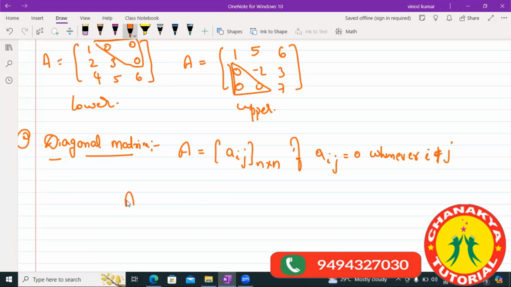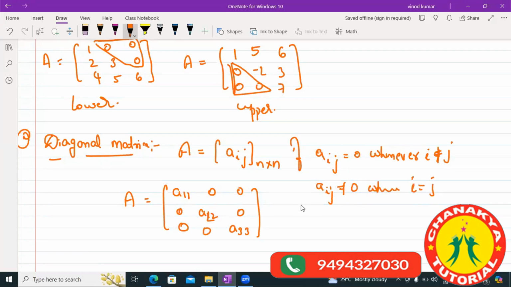That means A11, 0, 0, 0, A22, 0, 0, 0, A33. Aij is not equal to 0 whenever i equals j. Simply, in a square matrix, the principal diagonal elements are non-zero and the remaining are all zeros. This is called a diagonal matrix. It is denoted by D.